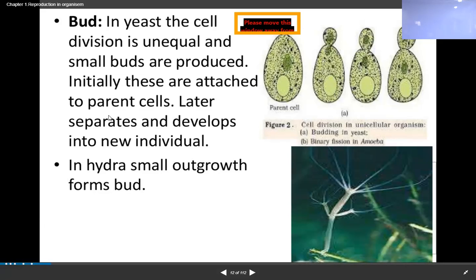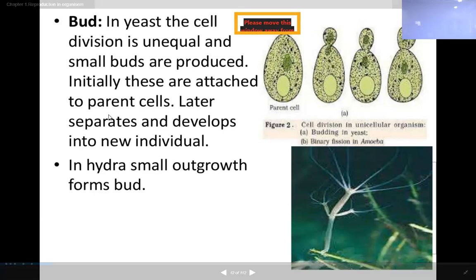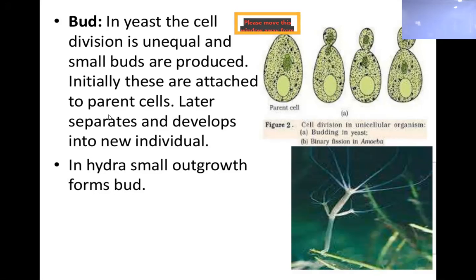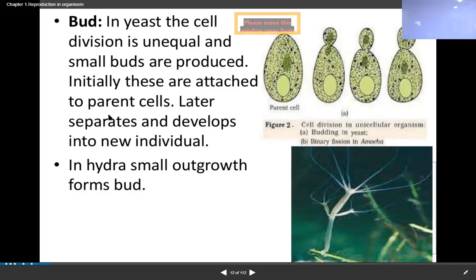So in hydra a small outgrowth is produced towards the basal end of the body, and then it develops as a bud which grows and forms tentacles. Tentacles are sensory in nature. Can you see? There are 5 to 6 in number: 1, 2, 3, 4, 5, 6 tentacles. And it develops into a new individual. This process is called budding.